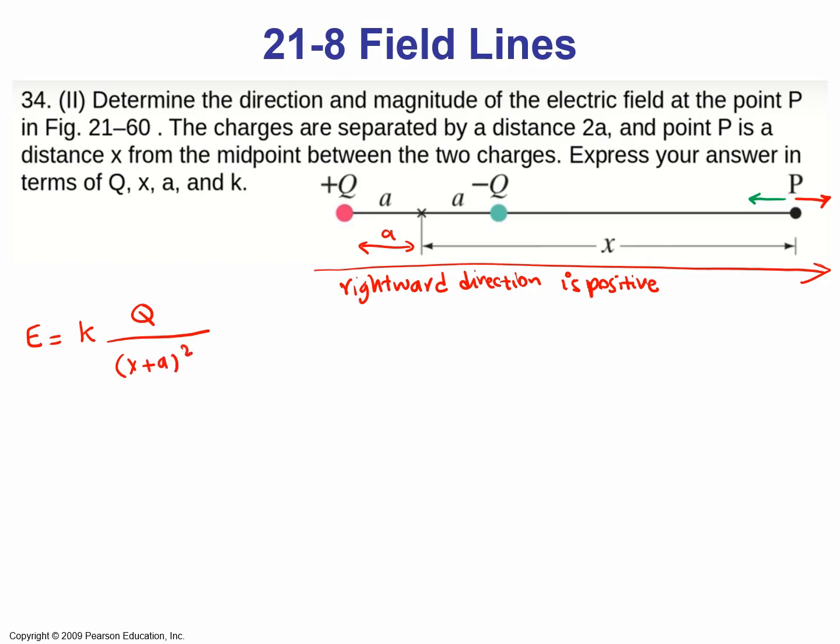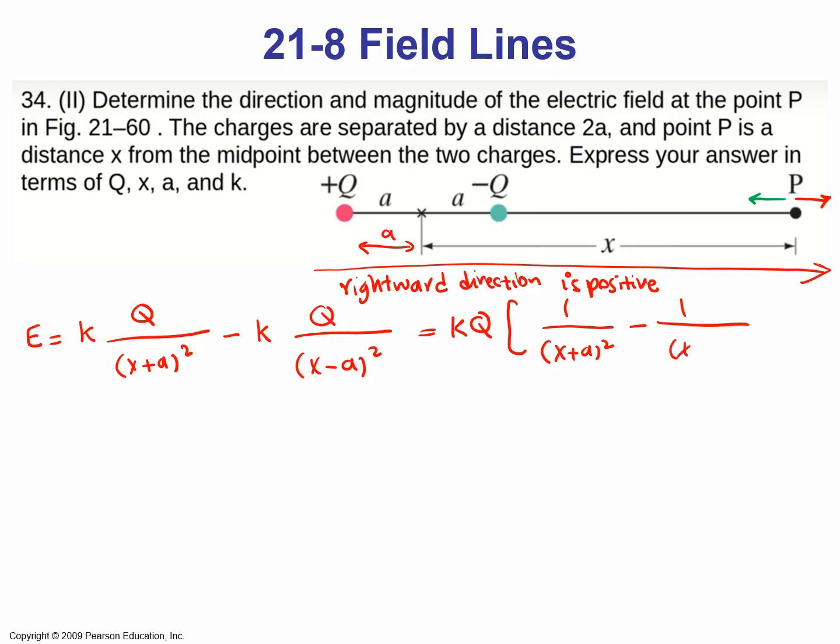And the field due to a negative charge is toward the left. So it's going to be negative kq divided by (x minus a) squared. So we can factor out k times q, 1 over (x plus a) squared minus 1 over (x minus a) squared. If we simplify things, we will have minus 4kq xa divided by (x squared minus a squared), everything squared.